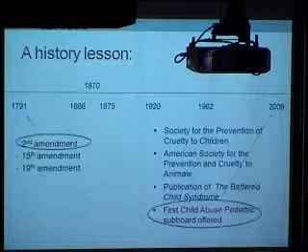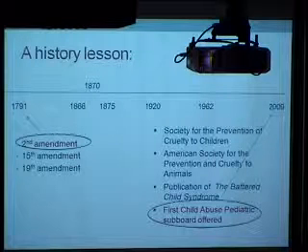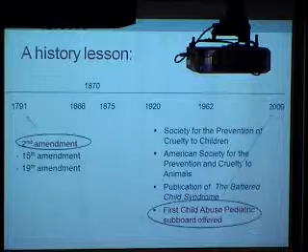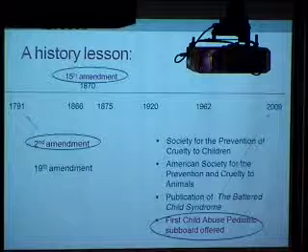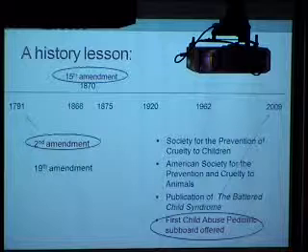If you had to put them in order, do you know how you'd put them in order? The 15th? Close. Yep, there it is. So the 19th Amendment didn't happen until 1920.